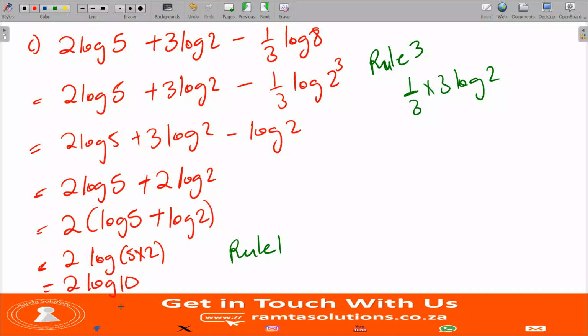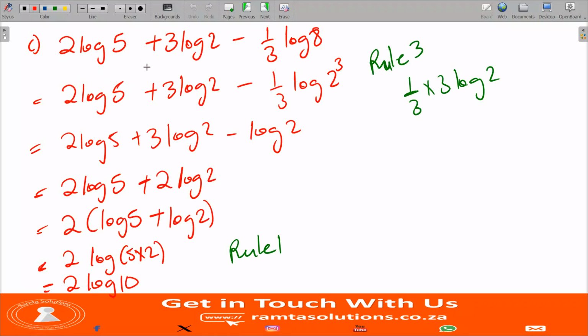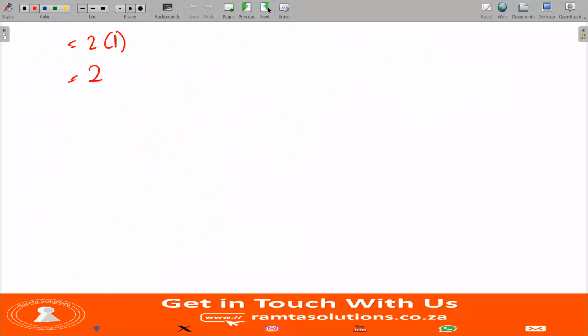By the way, guys, we know that if we have no base written, we take it as a 10. So 2 log 10 is similar to 2 multiplied by 1. Our answer is simply 2. When you press this expression into your calculator, it'll give you 2.